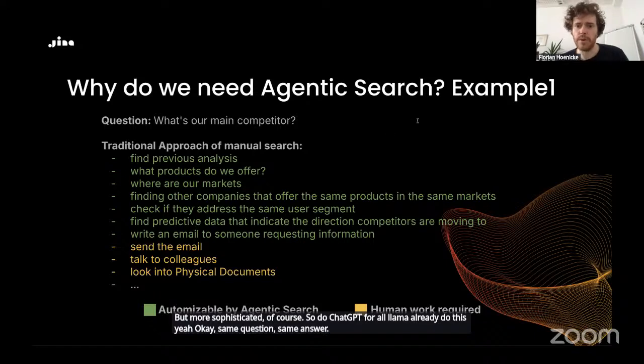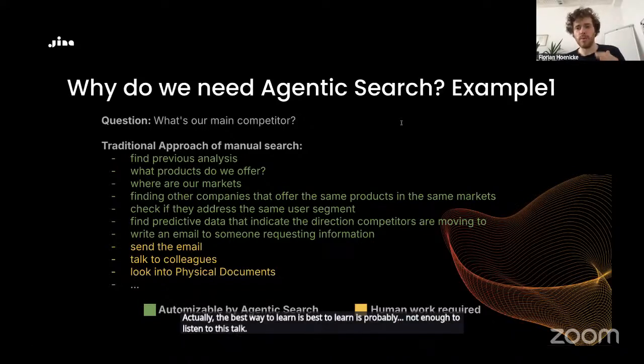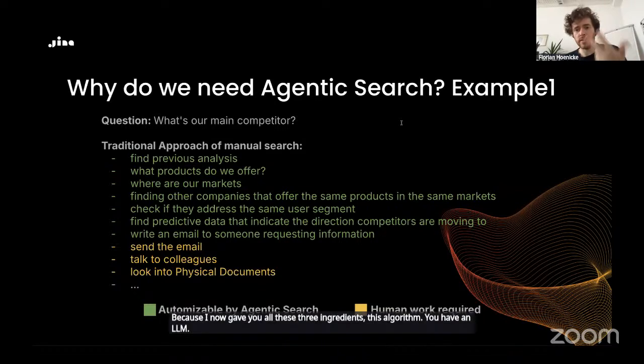Best way to learn how to do agentic search. Actually, the best way to learn is probably not just to listen to this talk, but based on what I told you, try to implement it on your own. Because I now gave you all these three ingredients: this algorithm, you have an LLM, and the prompt.